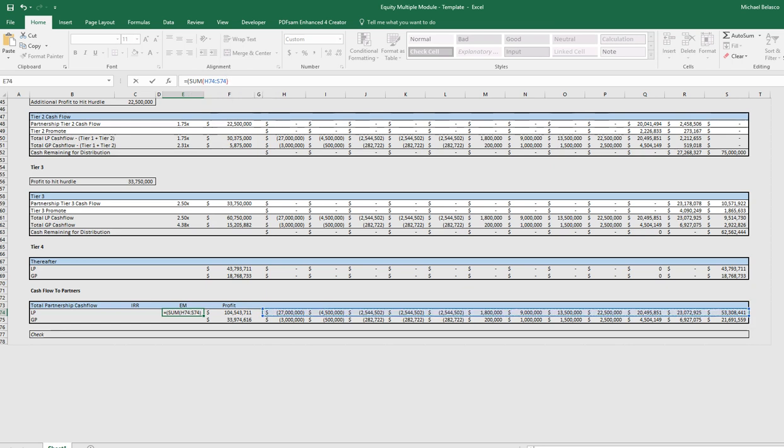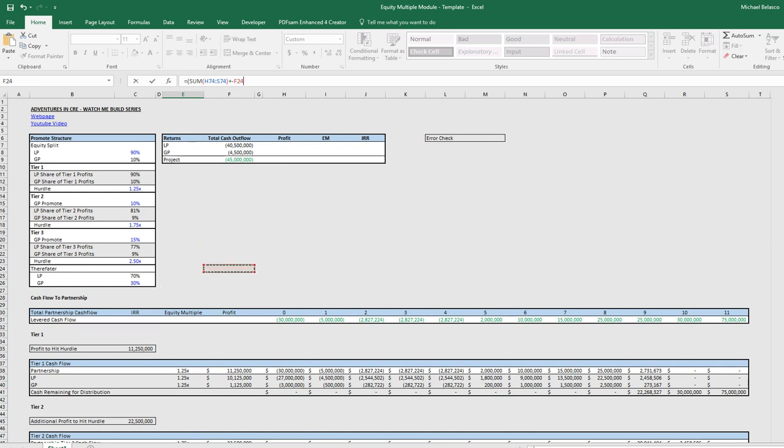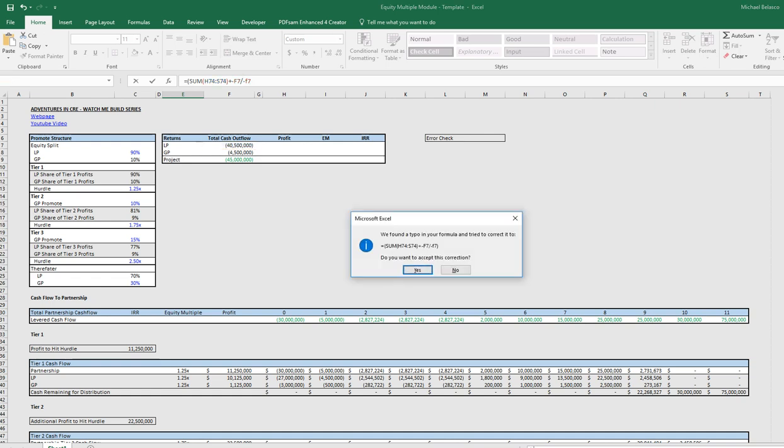So you have the sum of all cash flows plus, and this is the limited partners equity contribution, divided by, I see a question mark in there. And that should be divided by negative F7.